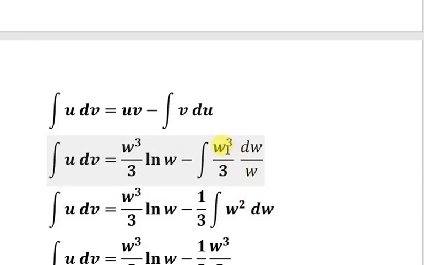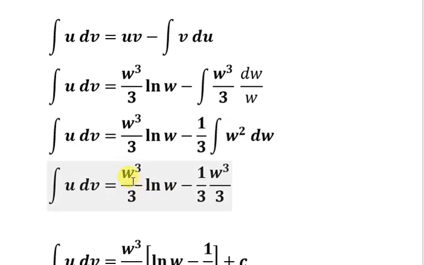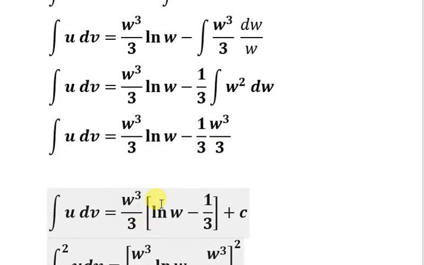Now note here that this will reduce the power of w here to 2, while it will be appropriate to factorize the 1 over 3 that we have here outside. Doing that, we have something like this, where we have w cubed over 3 times ln w minus 1 over 3 times w cubed over 3. Now w cubed is common, so we can factorize it out, and then we end up with this setup.